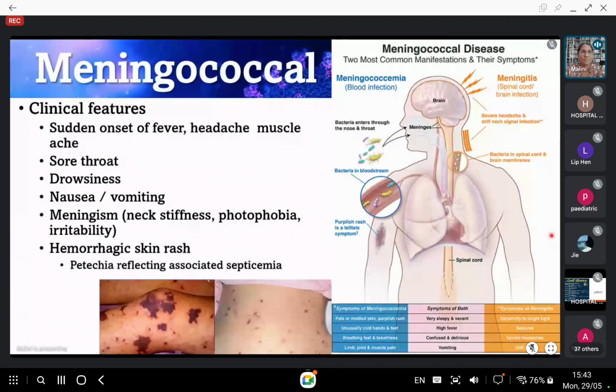Classically the GP should be giving IM penicillin. It can present as meningitis or meningococcemia, which is sepsis, or sepsis and meningitis.